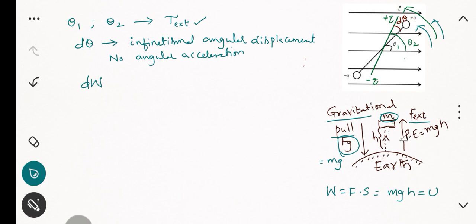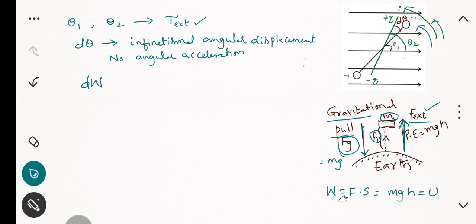If we want to apply an external force to overcome the gravitational pull, the direction of the gravitational pull is towards the earth and we have to move the object in a direction opposite to the gravitational pull to a height h.